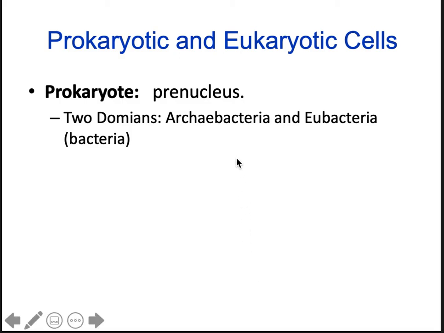So single-celled organisms that do not have a nucleus, and also they do not have any organelles. Okay, if you define an organelle as a compartment with its own membrane, then you can say it doesn't have any organelles. If you don't have that definition, then you would need to state it doesn't have any membrane-bound organelles.